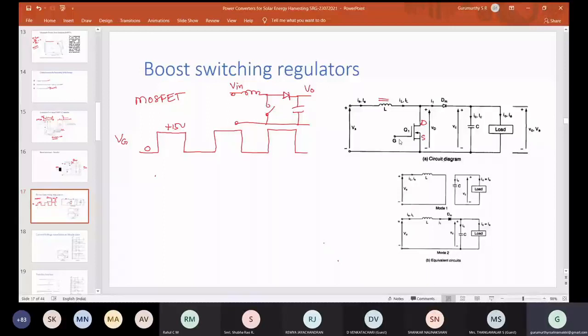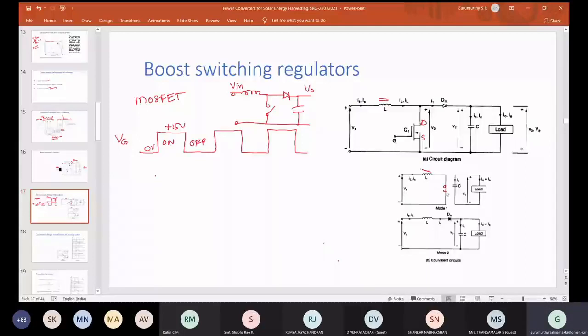So you are making the switch on and off by using this train of square pulses. Let us see what will happen. Once the switch is on, you can see the equivalent circuit. There is an inductor here, the switch is short circuited, and the current will flow.